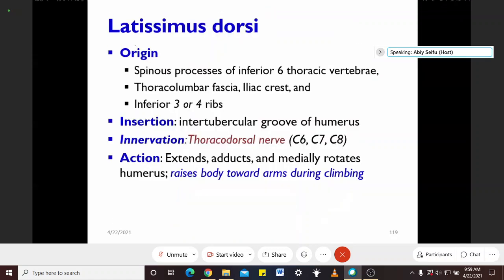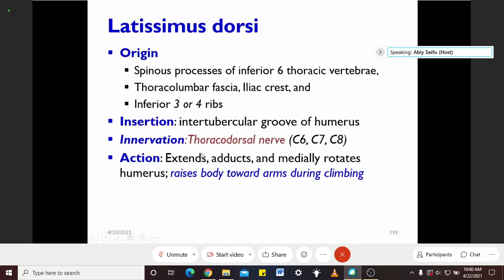It is innervated by the thoracodorsal nerve. Mind you, this thoracodorsal nerve is a branch of the anterior rami of spinal nerves, originating from the brachial plexus. As you have seen before, the superficial and intermediate back muscles are innervated by the anterior rami.